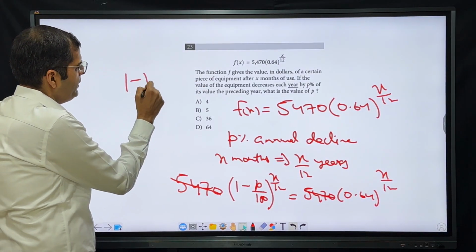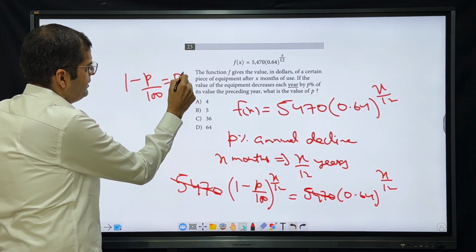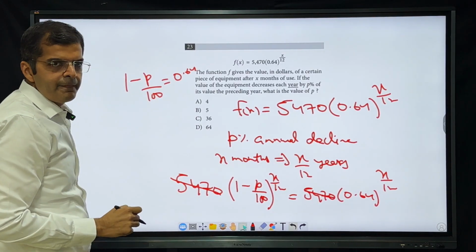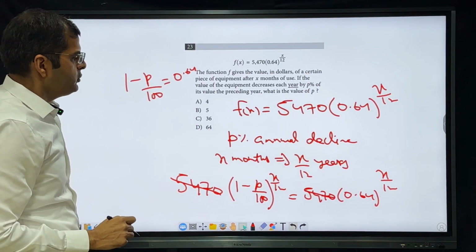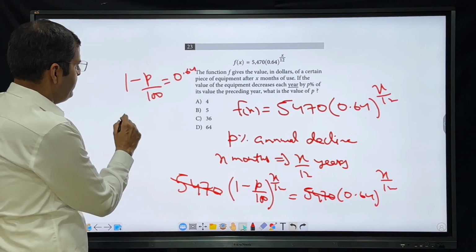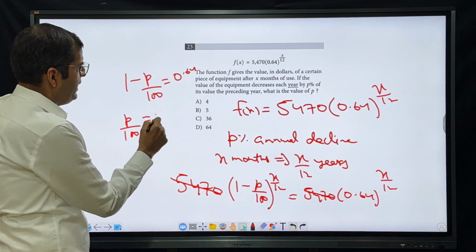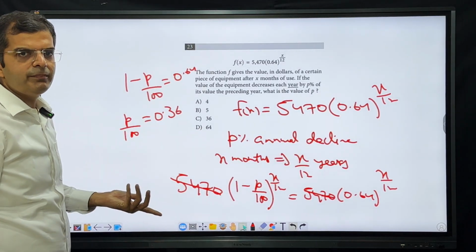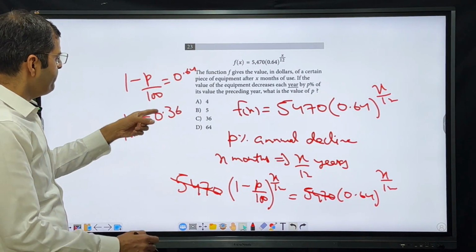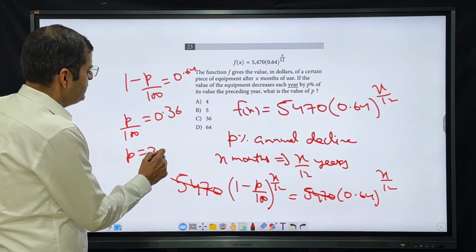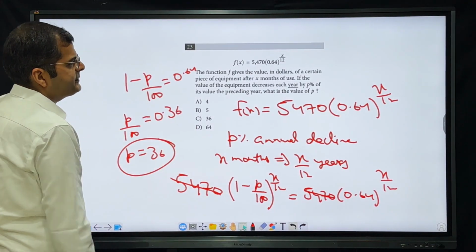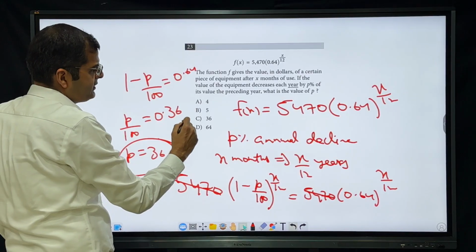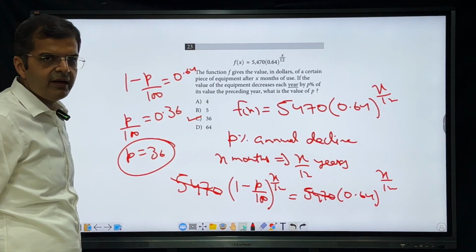So what do I conclude? 1 minus p by 100 is equal to 0.64. Okay. So over here, this p by 100 has to be 0.36 because 1 minus 0.36 is 0.64. So if p by 100 is 0.36, p is 36. So there is a 36% decline. So the value of p is 36. Answer option C is correct.